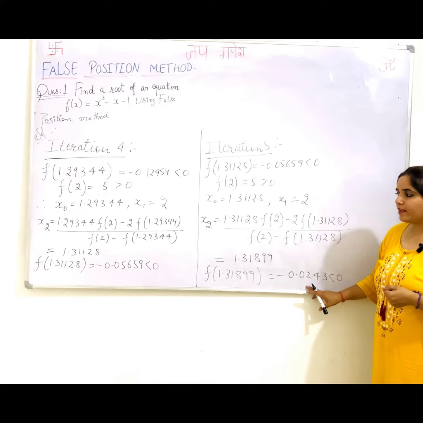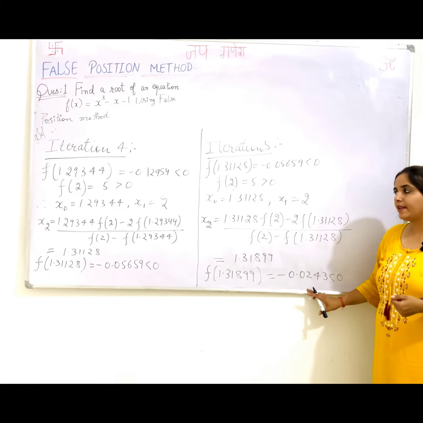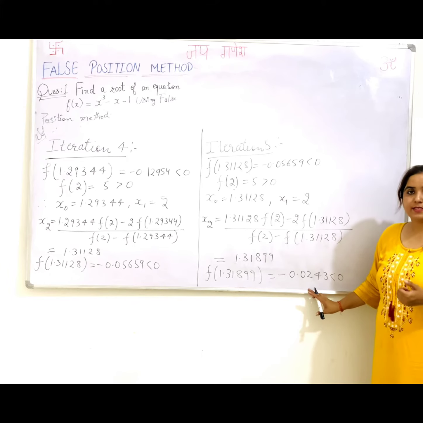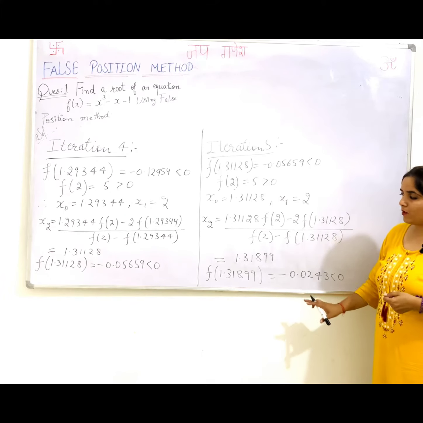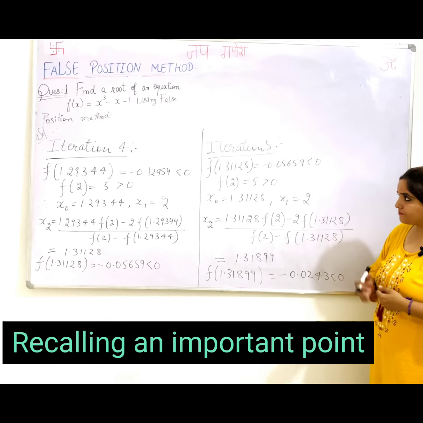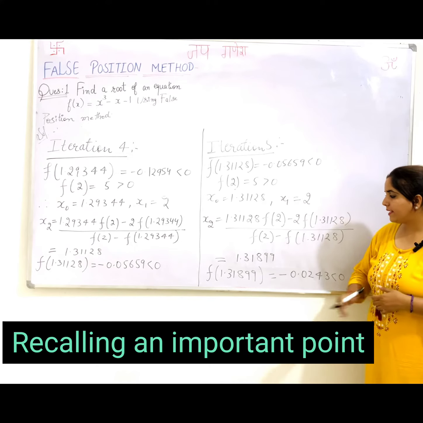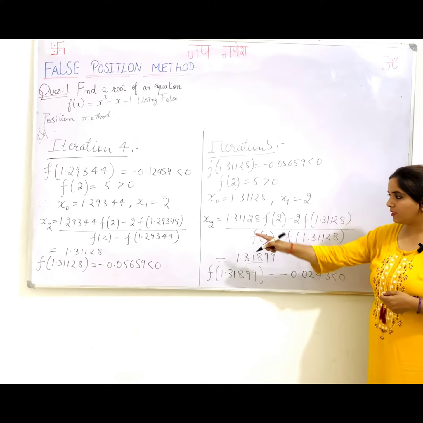So one important thing, again I have explained at the start also, but I am repeating it. You might forget it because this is a long process. This is easy one, but it is a lengthy process. So what was that important point? That we will stop when we will get 3 decimal places equal to the existing value.